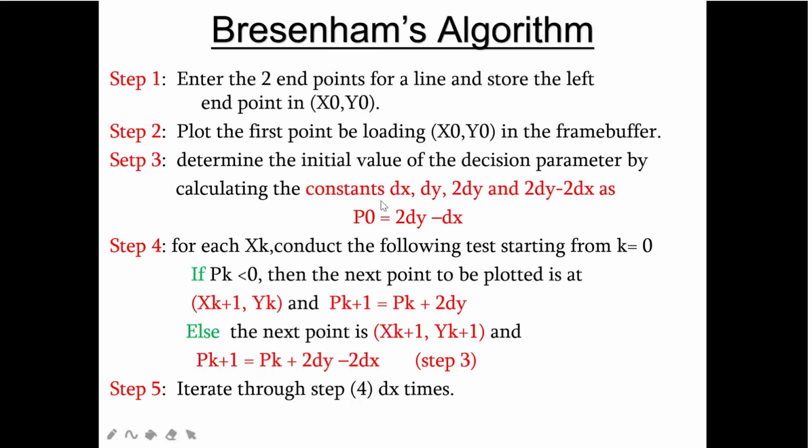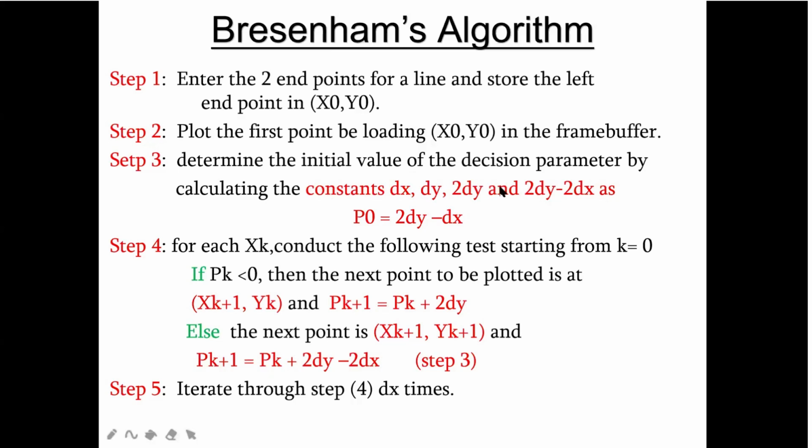Fine. So how are you going to calculate the value of dx? I already told you in my previous class. You find it from x2 minus x1 and y2 minus y1, and put the same values in to find the value of 2dy, that is 2 into the value of dy, and then 2dy minus 2dx.